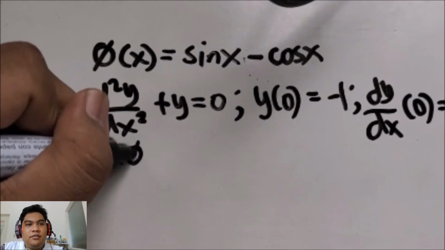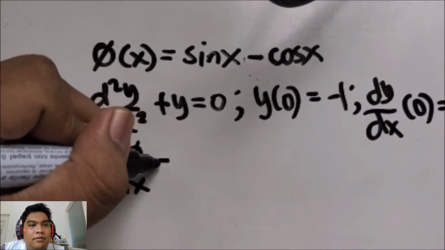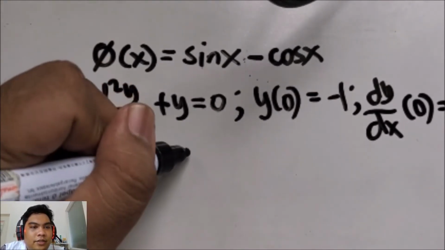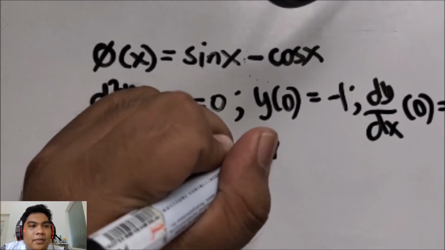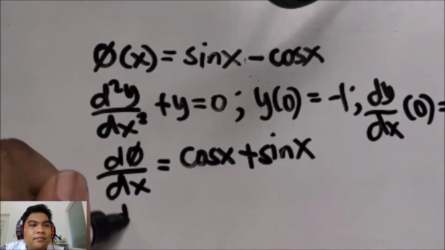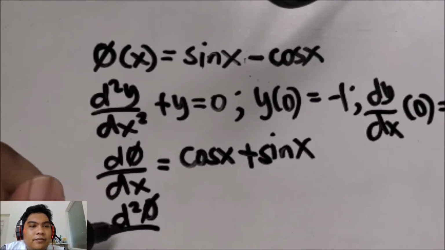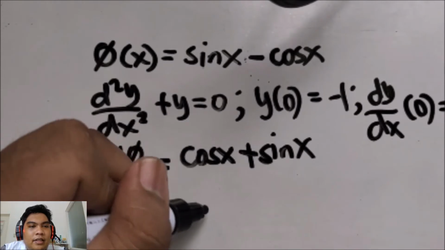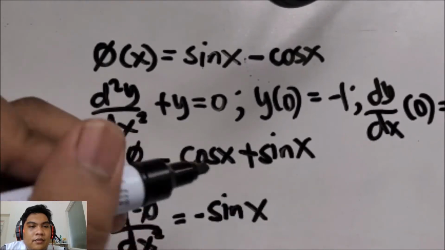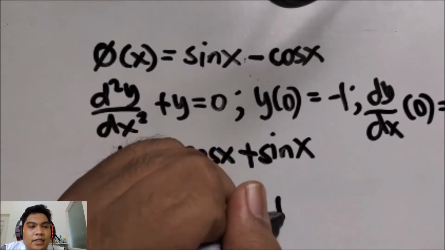Okay, so here is the solution for example 6. We get the first derivative with respect to x, that is cosine of x plus sine of x. Then the second derivative with respect to x is negative sine of x plus cosine of x.